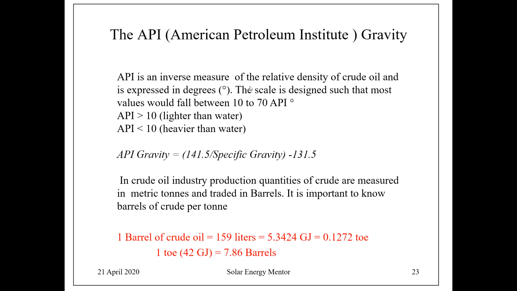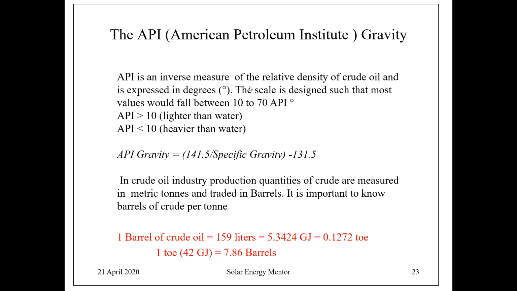If API is greater than 10, the liquid is lighter than water. API less than 10 means the liquid is heavier than water. The API of petrol varies from 25 to maybe 50.